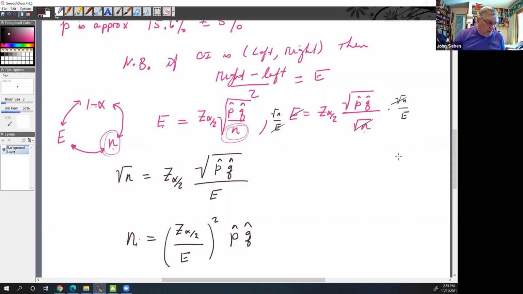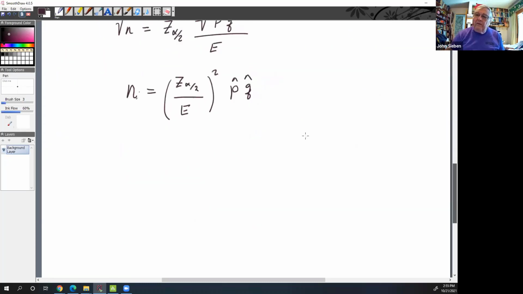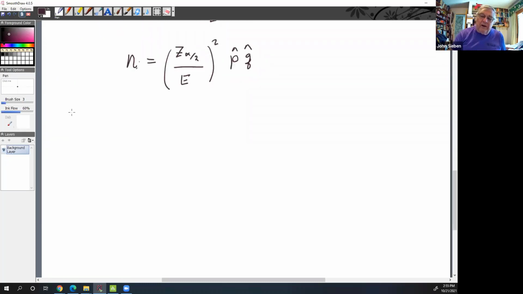Let's suppose we've got our formula right here, so I'll leave that on there. So we want to estimate P. Now, P can be anything.